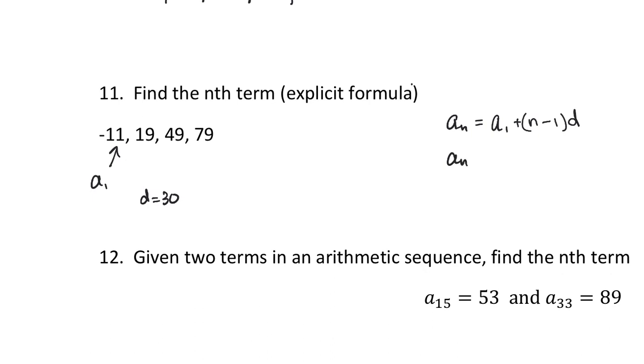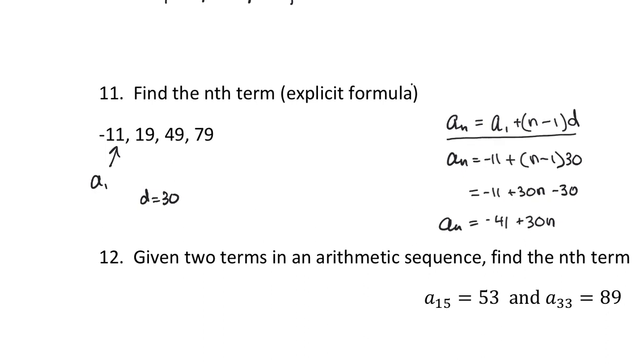So if we wanted to plug that information into this formula and then distribute, we get negative 41 plus 30n, and that's your nth term. You can do it that way using this formula right here.